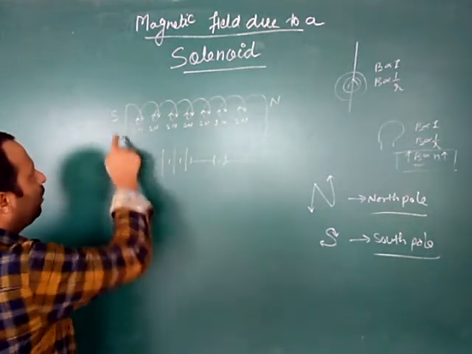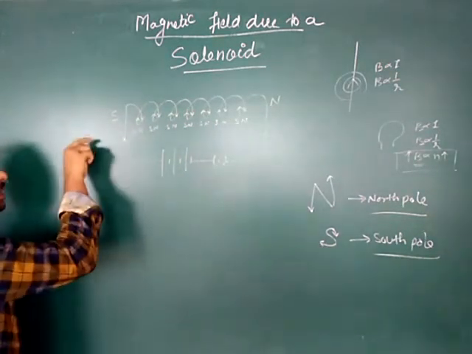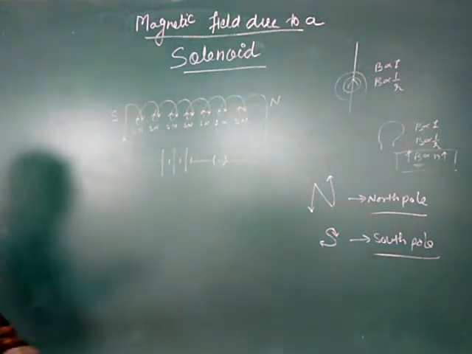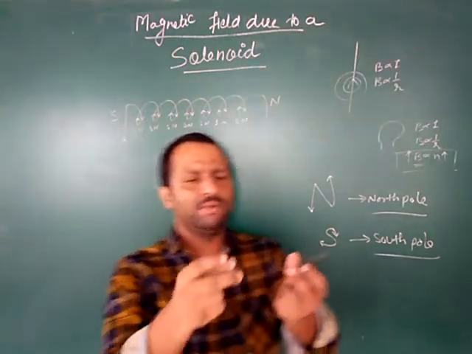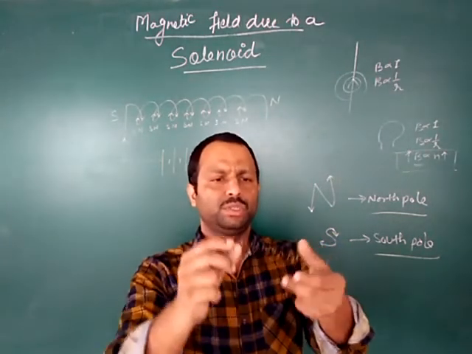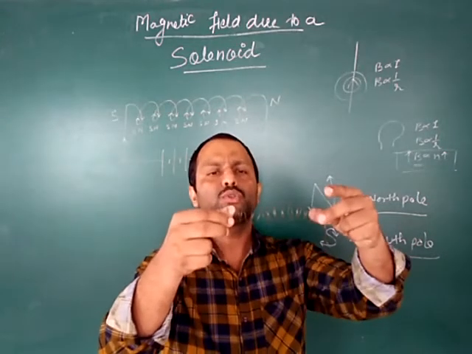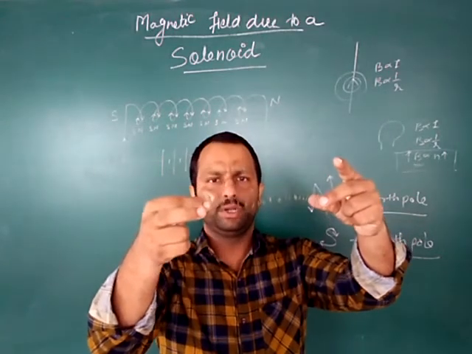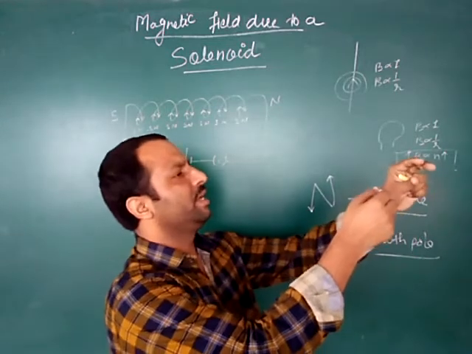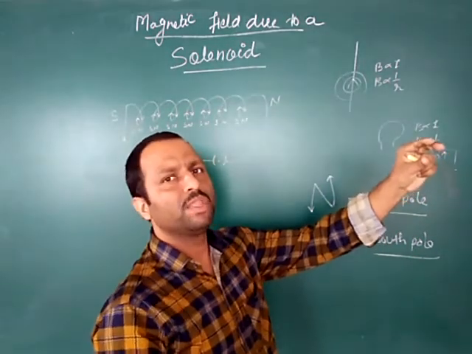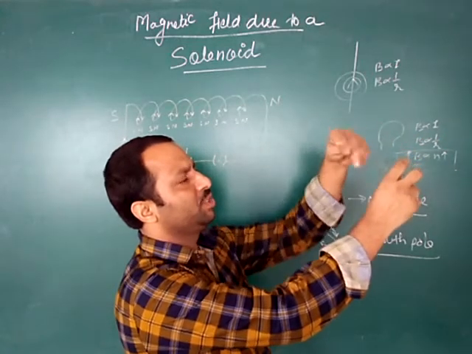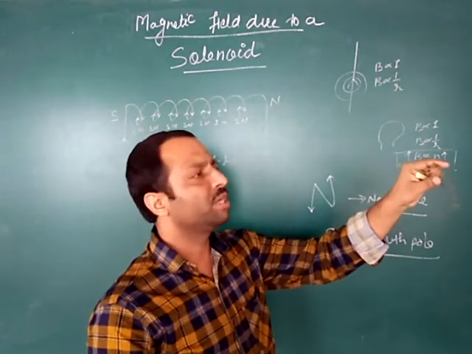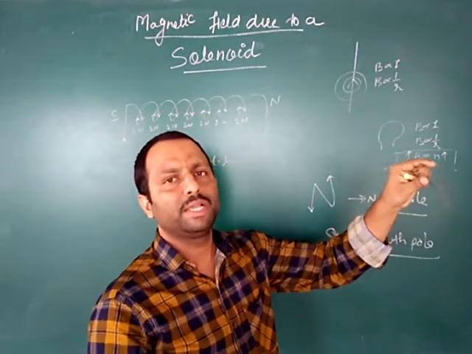So one end is behaving like a north pole and the other end like a south pole. Let us understand through this. We have taken a straight wire and folded it in this form. With a large number of circular turns, this will behave like a solenoid. If we look through this end, in this direction, which direction will it appear? It is the clockwise direction, so it will behave like a south pole.